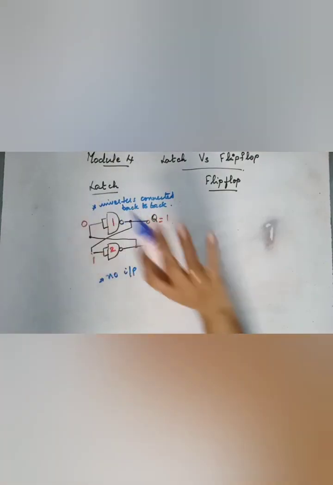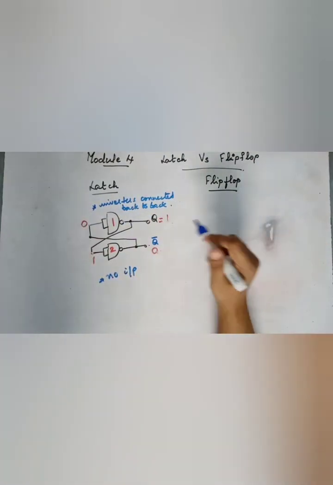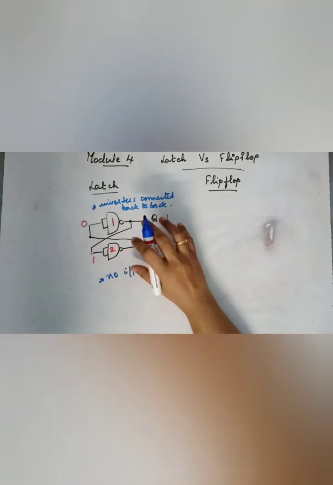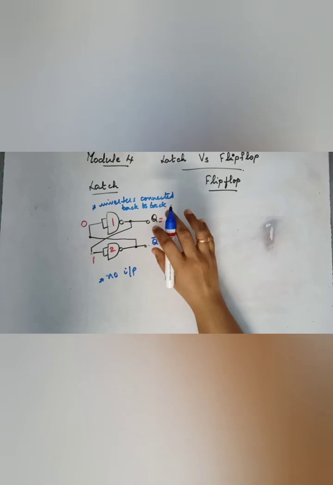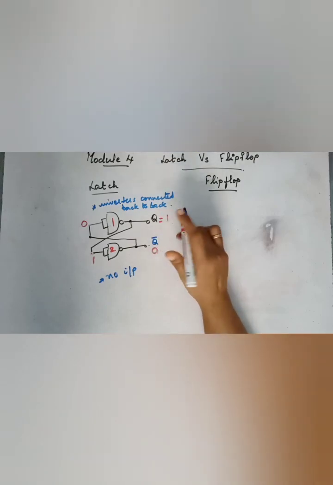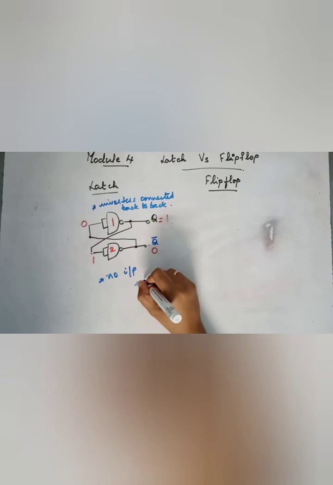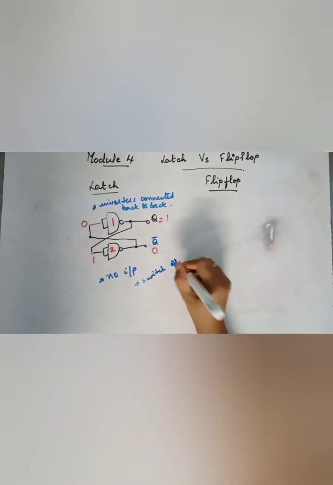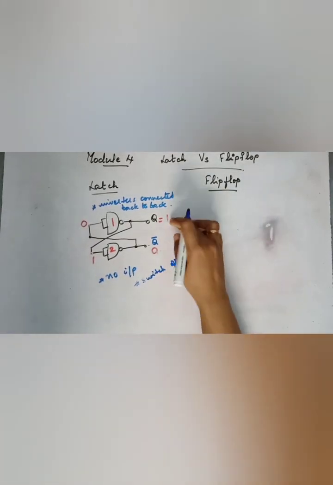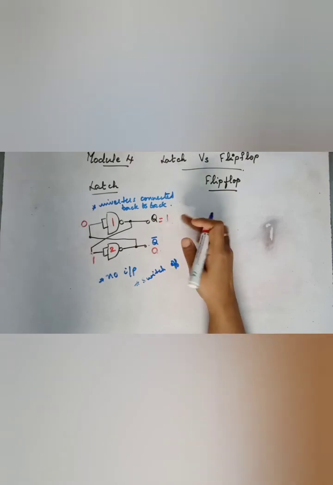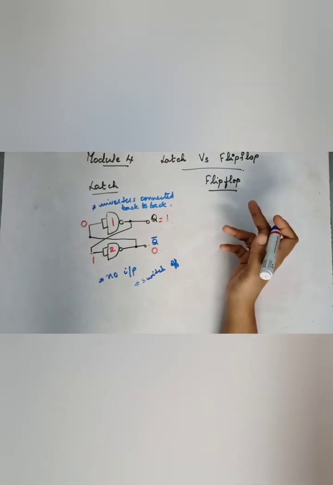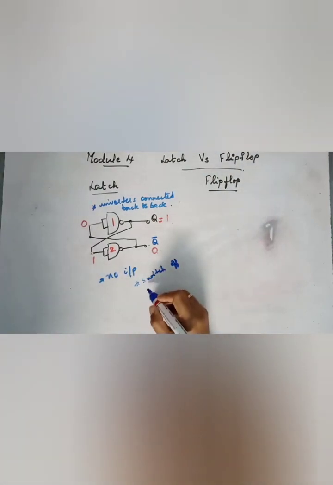So the state in which the latch is will not change unless you switch off the circuit. If you switch off the circuit, then switch on, then this can change, because this can go to 0 and this can come to 1. Or it can be the same also. You can't predict.